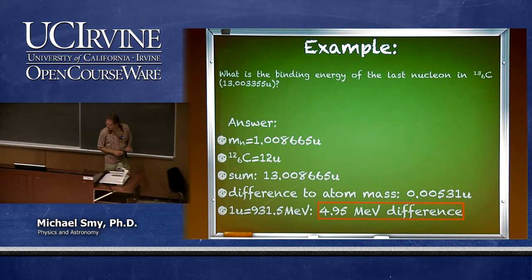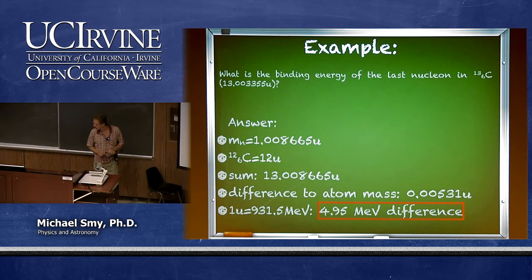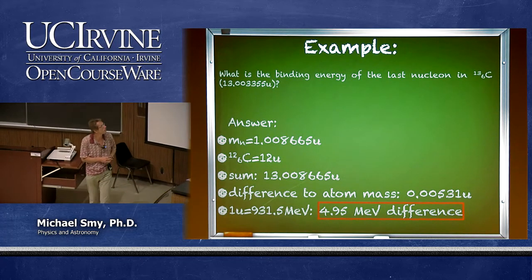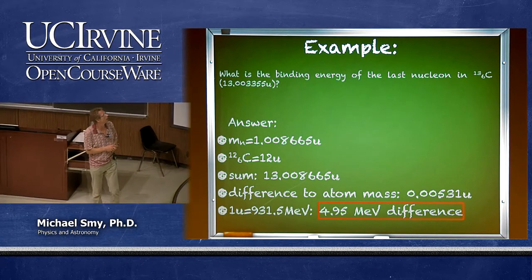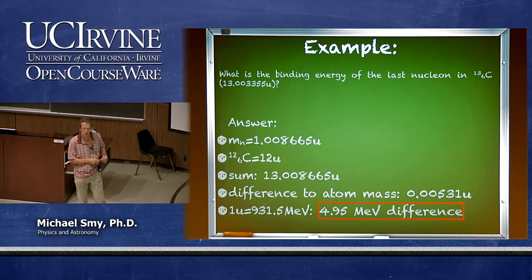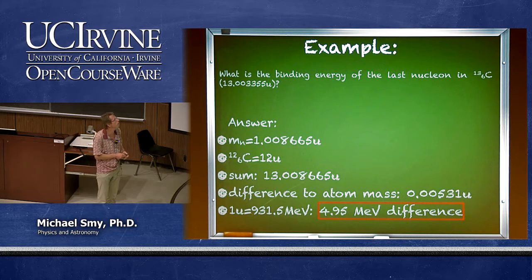One last example about binding energy. If we look at carbon-13, the question is how strongly bound is the last nucleon in carbon-13? The usual carbon isotope is carbon-12. And it's interesting to see how strongly that last extra neutron is bound.